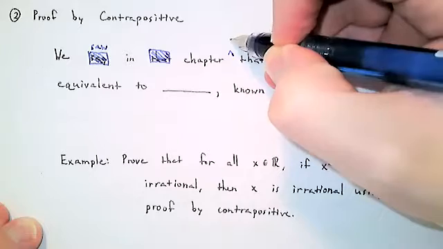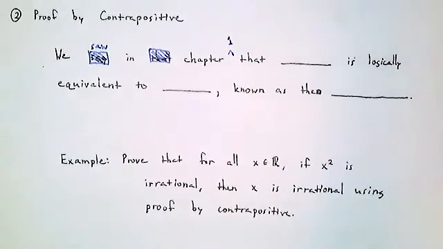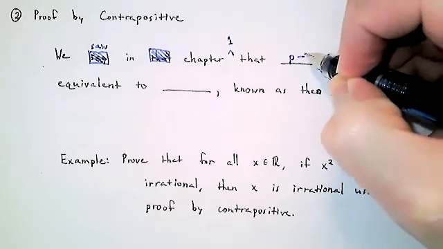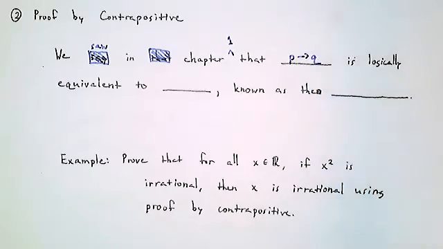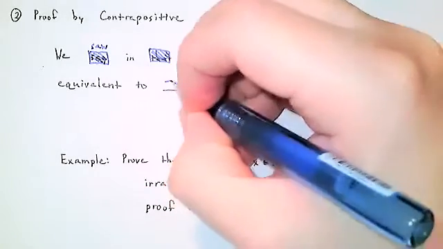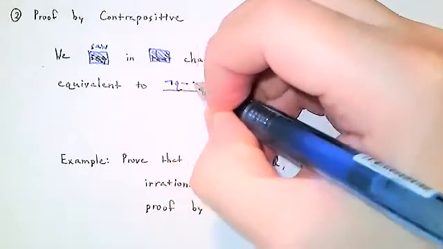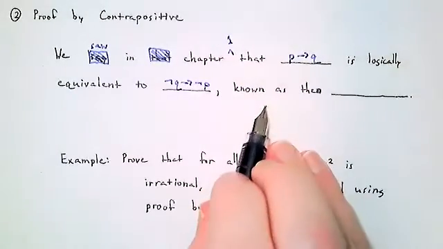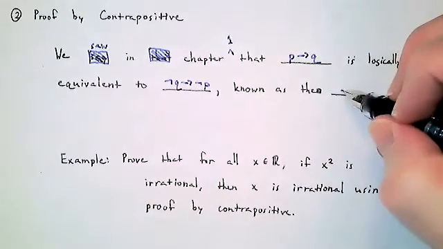Looks like I was trying to write two different sentences at the same time. We saw in chapter 1 that the conditional statement, so we're still talking about conditionals, if P then Q, is logically equivalent to this statement, not Q, then not P. And this is what we called back then the contrapositive.